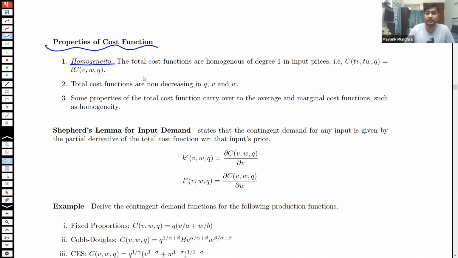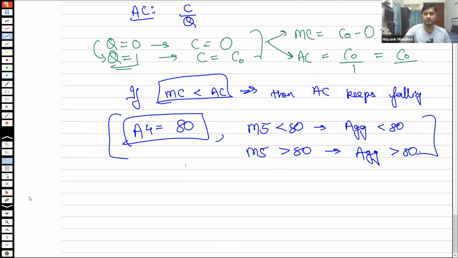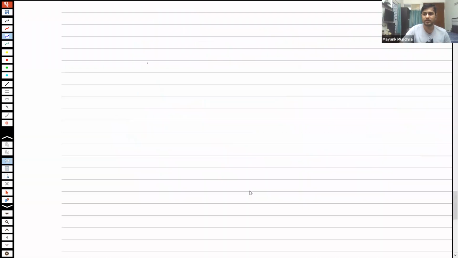First is homogeneity. So if all the input costs go T times, then the total cost also goes T times. Okay. So we have already seen that if all the input prices go alpha times, you are still going to pick the same bundle.